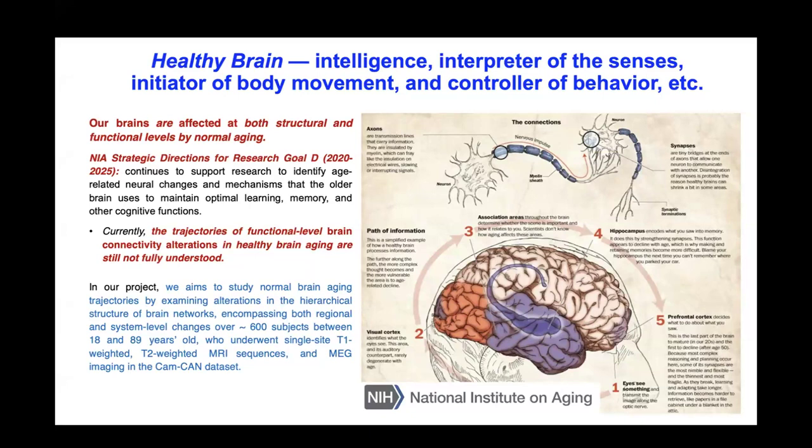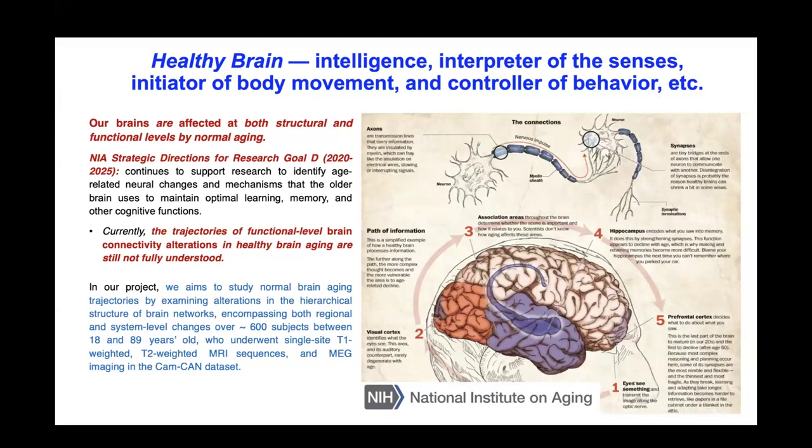Our brain is affected at both structural and functional levels by normal healthy aging. The National Institute on Aging announced it will continue to support research to identify age-related neural changes and mechanisms that older people use to maintain optimal learning, memory, and cognitive functions.